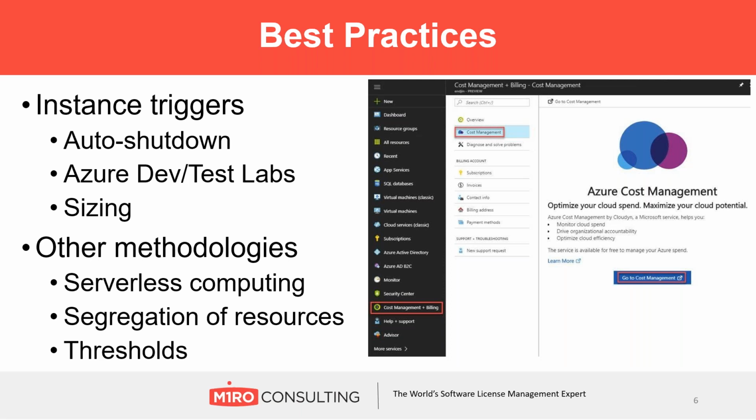Okay? Now, when we speak of sizing or right sizing, we refer to the configuration of the Azure instance. For the very same reason that VM sprawl affects cost management, so does improperly sizing those instances.